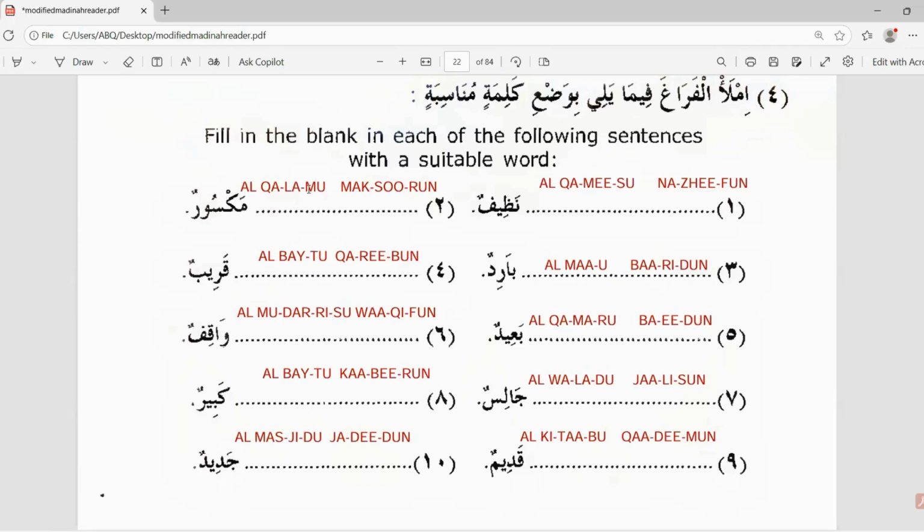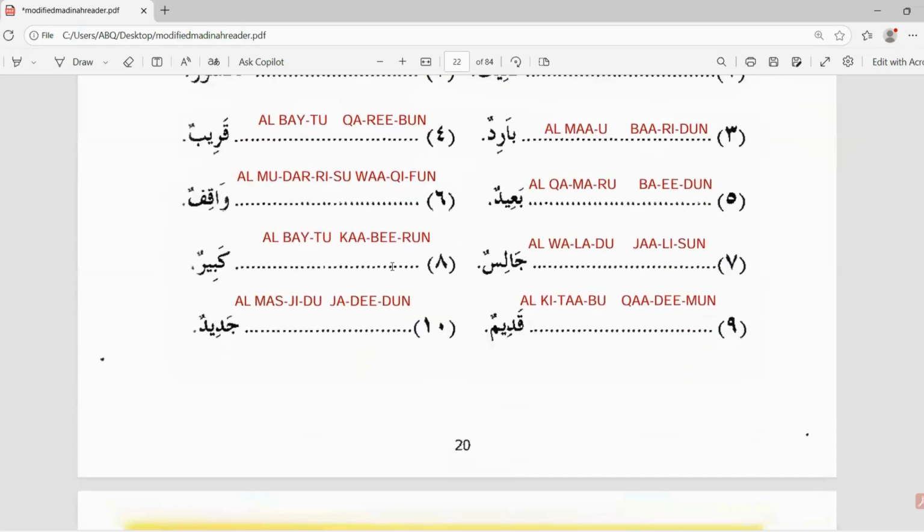You can use any word you want. Al-kursiyu maksurun means the chair is broken. Al-maktabu maksurun, but here we've just decided to use al-kalamu. Then next word is karibun, which means near. We will say al-baytu karibun, the house is near.